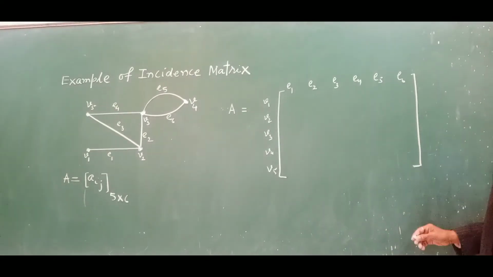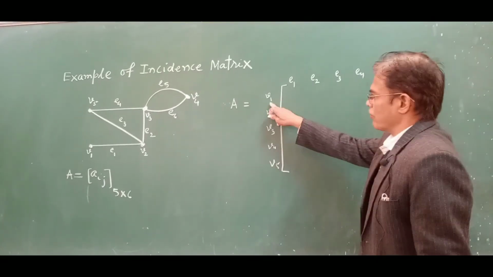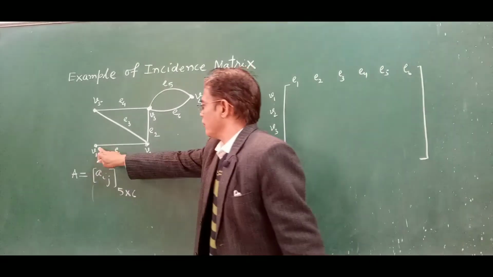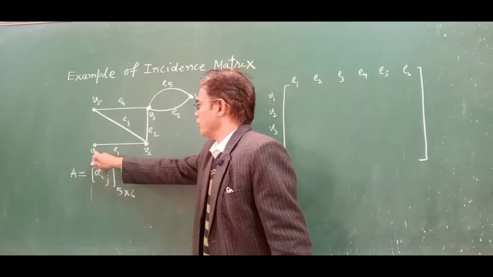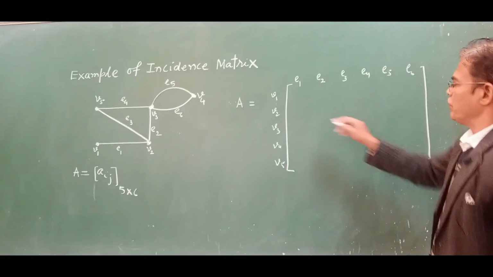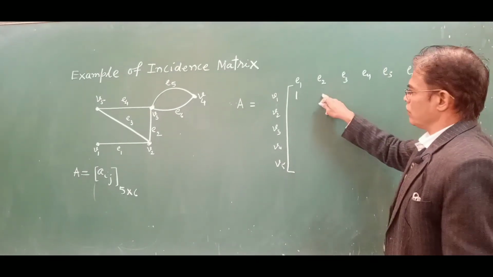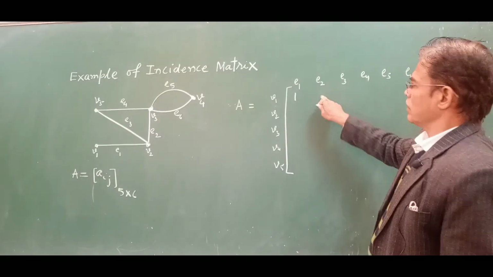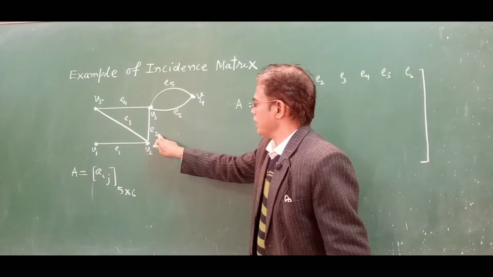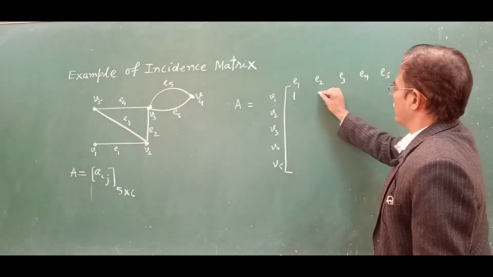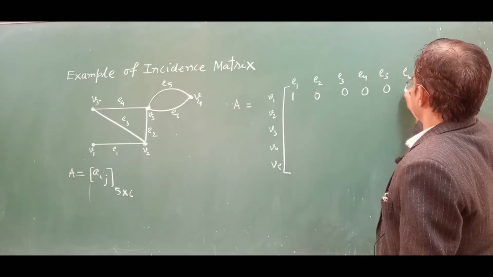Okay. Now we see very carefully V1. V1 is connected by E1, meaning only one edge is connected with V1. So V1 E1 is 1 and all other values will be 0.